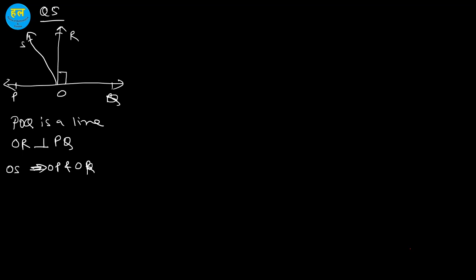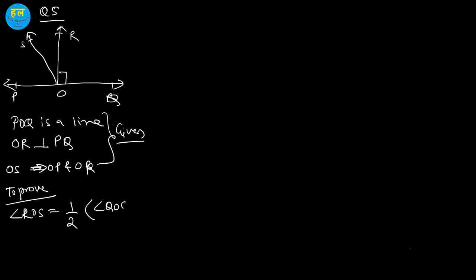These are the three pieces of information given, and we have to prove angle ROS is equal to half of angle QOS minus angle POS. This is what we have to prove.